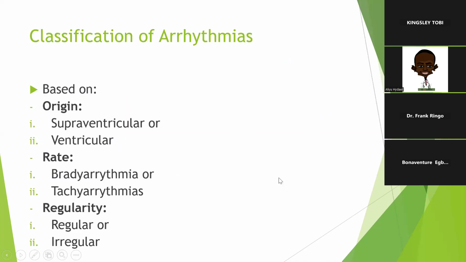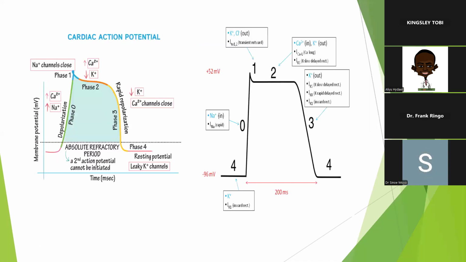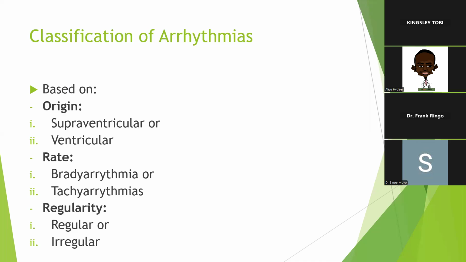Then we talked about arrhythmias, and we said these are abnormal rhythms of the heart, and they can be divided into different types based on the origin, either supraventricular, that is occurring above the ventricles, or ventricular, that is starting from the ventricles.